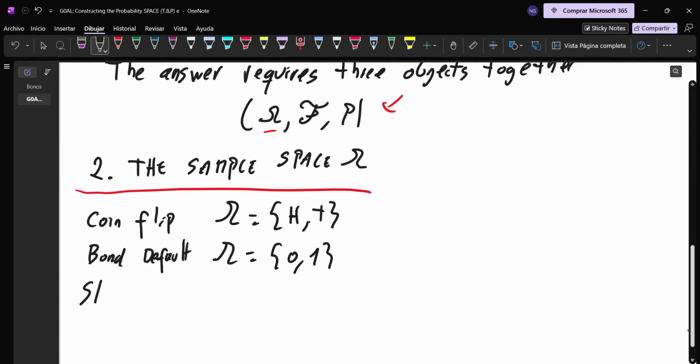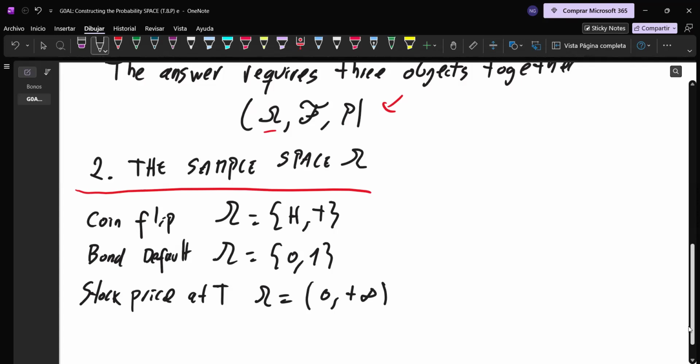For example, a stock price at a time capital T. The sample space omega is 0 to infinity. Okay, the stock price $10, $100, $1,000, and this is the positive real line. This is the sample space.